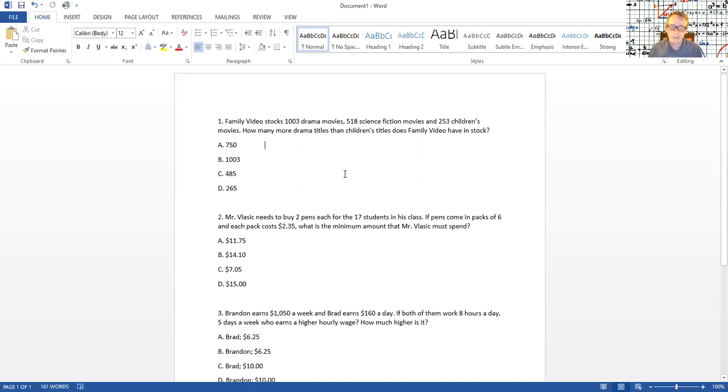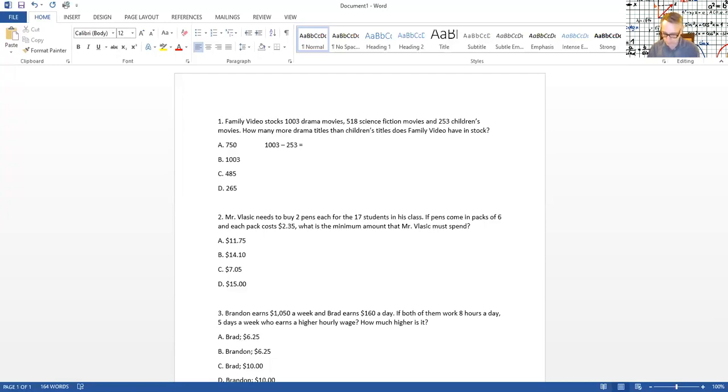Let's look at what they're asking. We have to compare the drama movies to the children's movies and see what the difference is. So we have 1,003 drama movies. We want to subtract the number of children's movies, 253. Just use your calculator. I got this calculator in the dollar store for $1, so you don't need any fancy calculator.